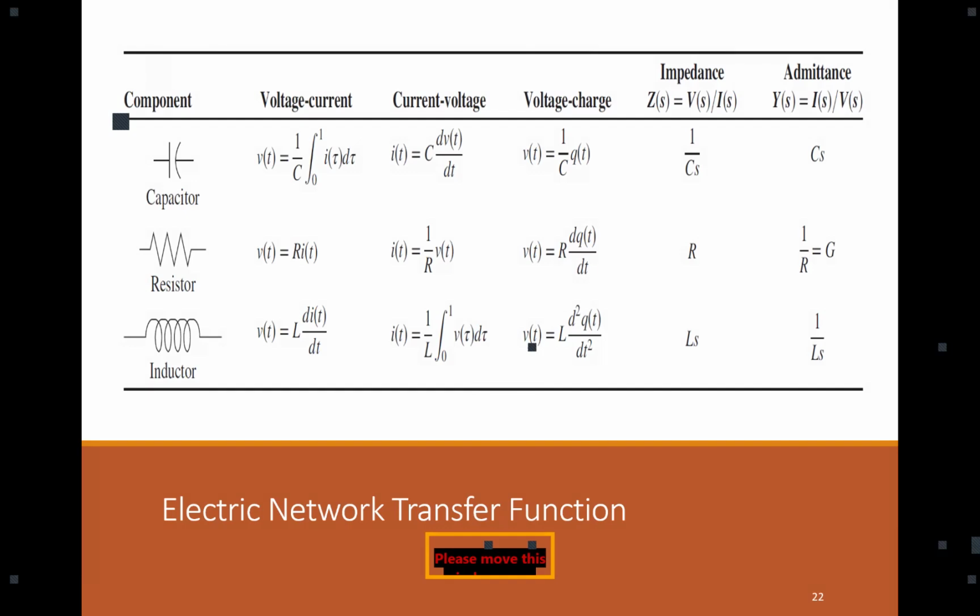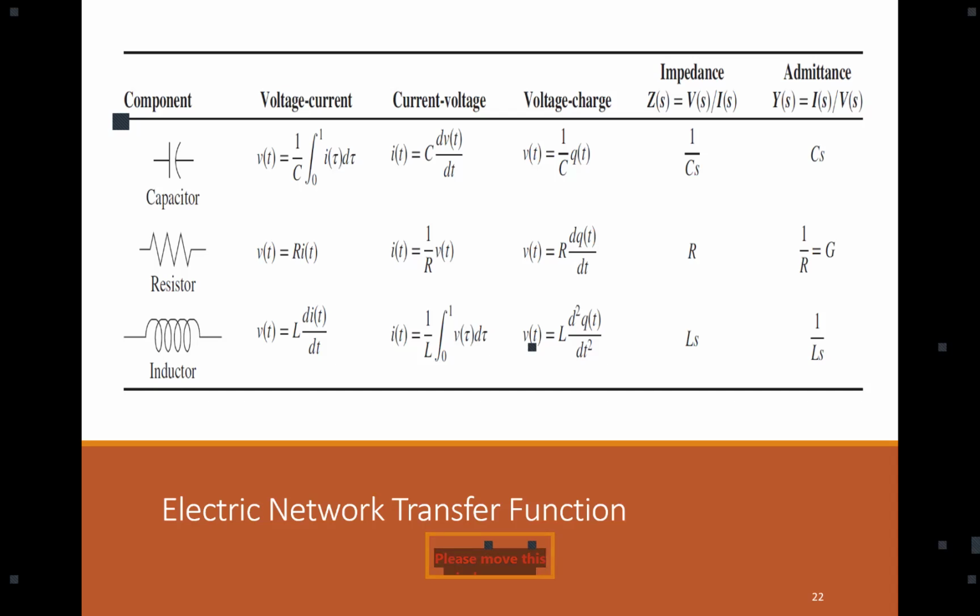You might have an op amp, but you already know the model of an op amp is an input impedance, a dependent voltage source, and an output impedance. So you can model a specific component using these three passive components. We have to learn how to deal with these three components, and then we are good for analyzing any type of electrical system.